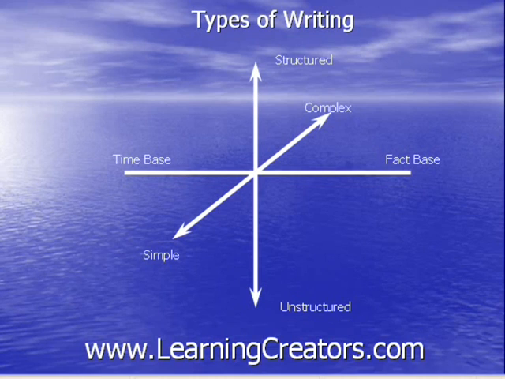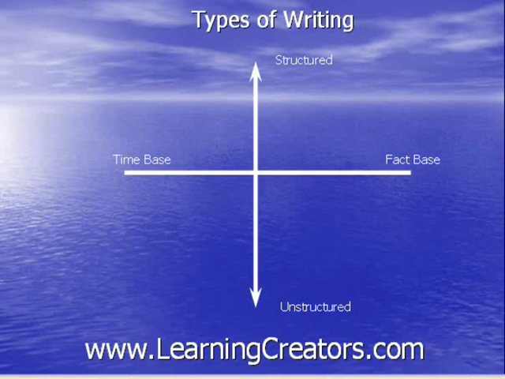Now I'm going to get rid of that one, and I'm going to go back and examine time, fact-based versus structured, unstructured, and give you some more examples so that you can understand it a little bit closer, because I think simple complex is fairly easy to understand. What do we mean by a time-based structured type of writing?